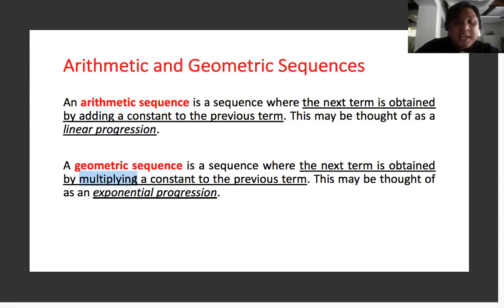Thus, if you realize a particular term is obtained by dividing the previous term by 3, right? So the pattern is the next term is obtained by dividing by 3.